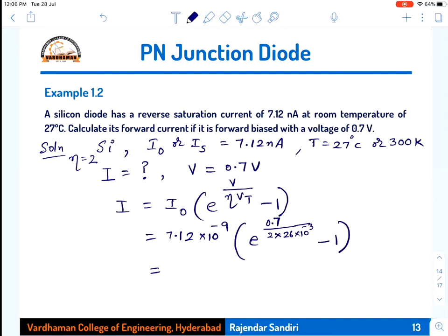Exactly correct. 4.997 into 10 to the power of minus 3. So 4.99 we can approximately make as 5. 5 into 10 to the power minus 3 amperes. That means I is equal to 5 milliamperes is the answer.